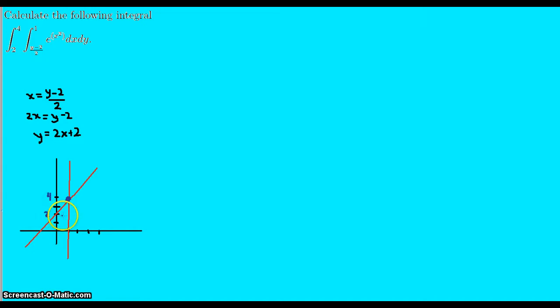If we were to zoom in, we'd see that the region we're talking about is this triangular region here, where we're first doing it as dx dy, and then switching it to dy dx.